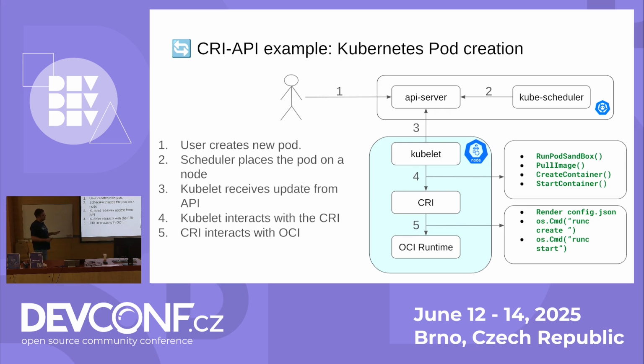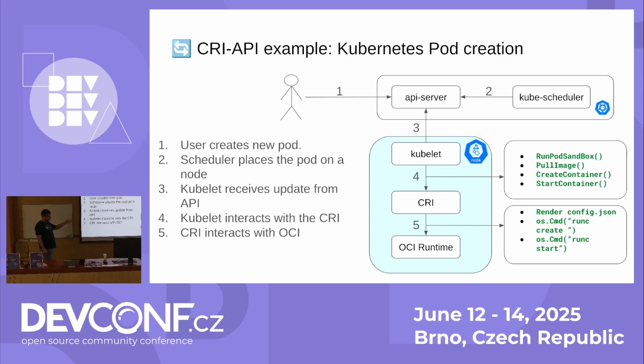Here is a quick example of how it goes in Kubernetes. When you create your application YAML, it goes to the API server, and then it's scheduled on the node. And then kubelet receives an update that it needs to create a new container or new pod.